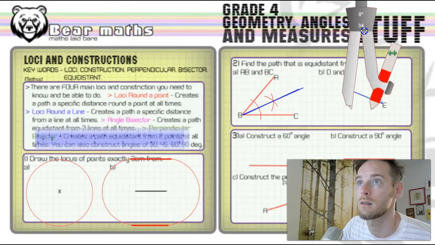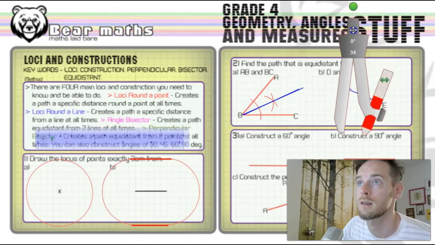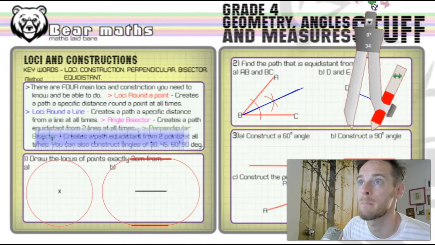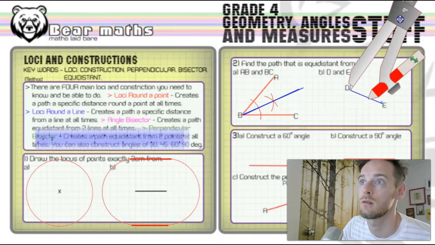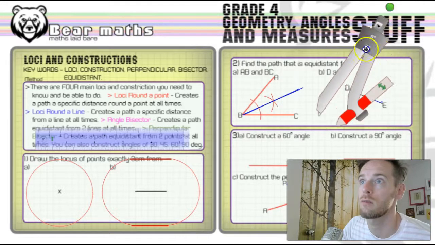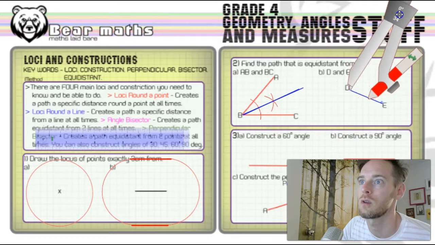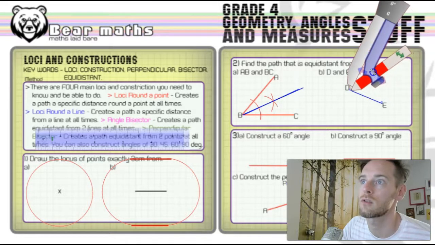So that is us setting the compass to just over halfway. I can't actually access the compass there because it's just too big and it's going off the screen. It's a bit annoying. So we've got to make sure that we're definitely over halfway.